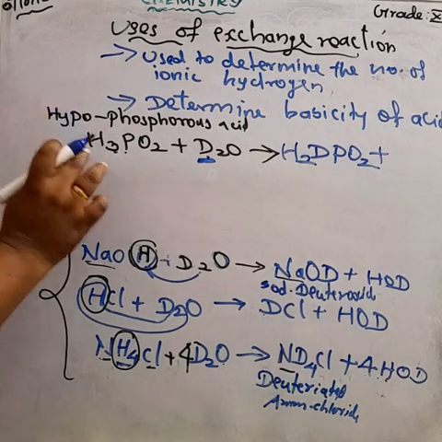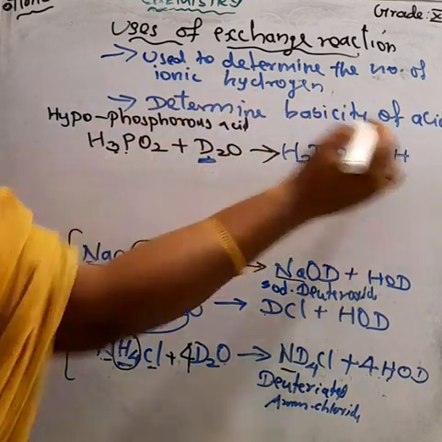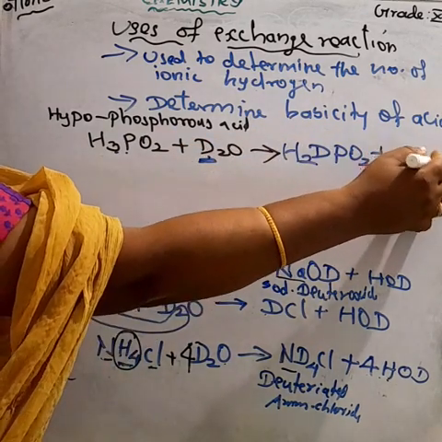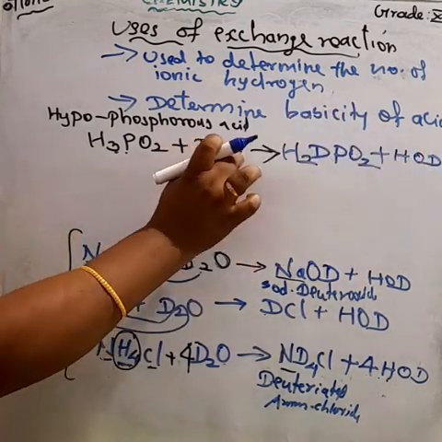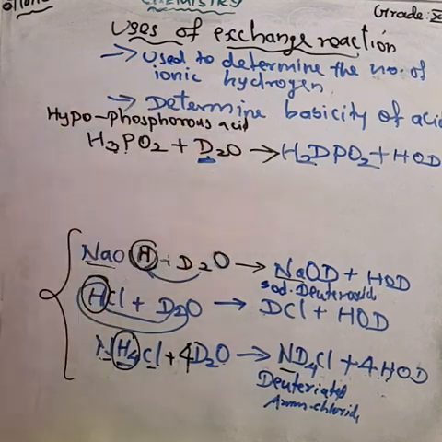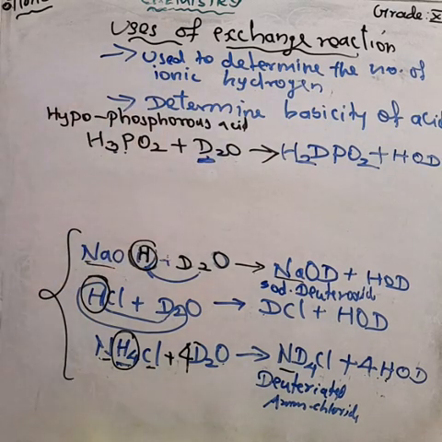One deuterium replaced one hydrogen, and this hydrogen combines with the deuterium oxide, so we get HOD: one hydrogen, one deuterium and one oxygen.